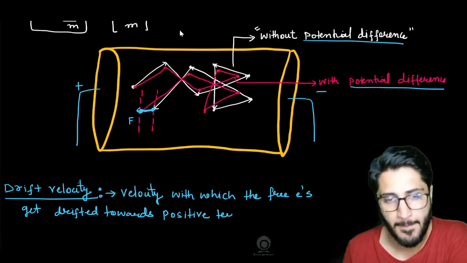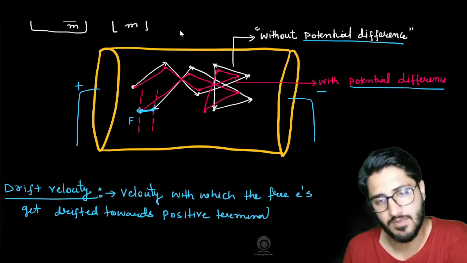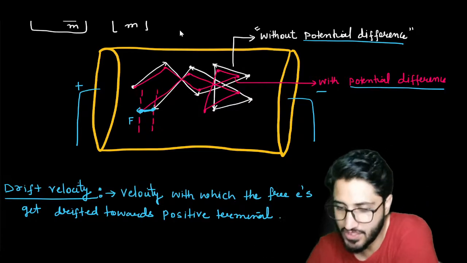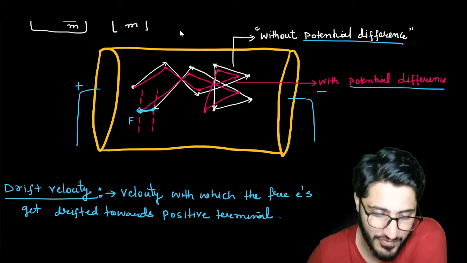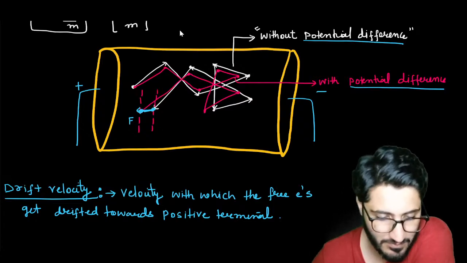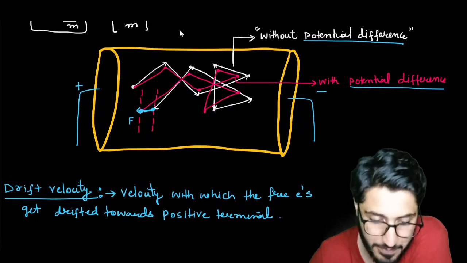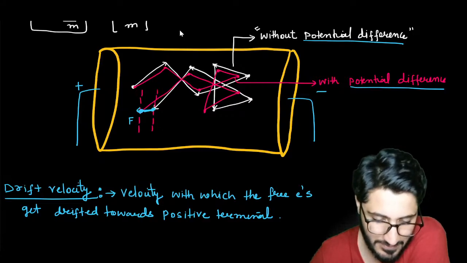This velocity is known as drift velocity. Done.